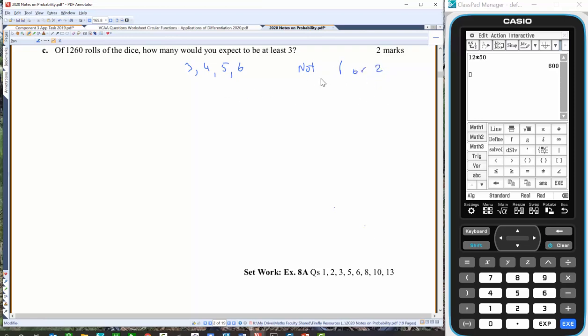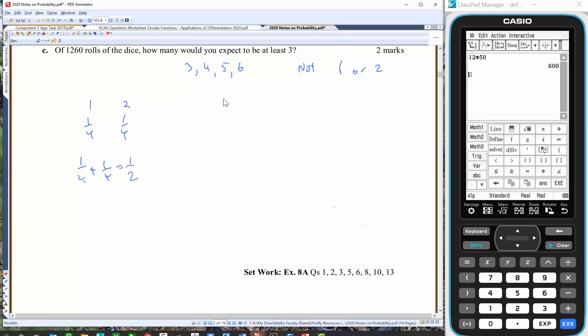So it might be actually easier if we work out what the chances of a 1 or a 2 were, and then do the reverse of that. So let's have a look at a 1 is going to be a quarter. A 2 we already know is going to be a quarter. So a quarter plus a quarter is equal to a half. So the probability of getting a 1 or a 2 is a half. And that means that the probability of getting a 3, 4, 5 or 6 also must be a half.